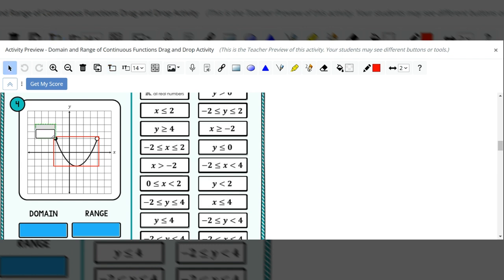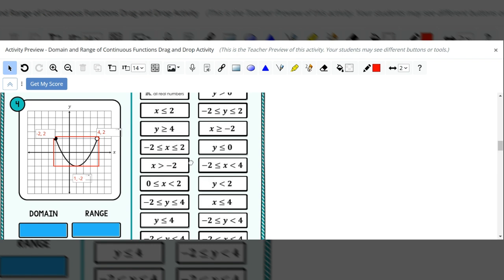The left side is negative 2 and 2. The right side is 1, 2, 3, 4. 4, comma 2. So I need to know that. And the bottom, you need to identify that too, which is 1, 2. 1, comma, negative 2.